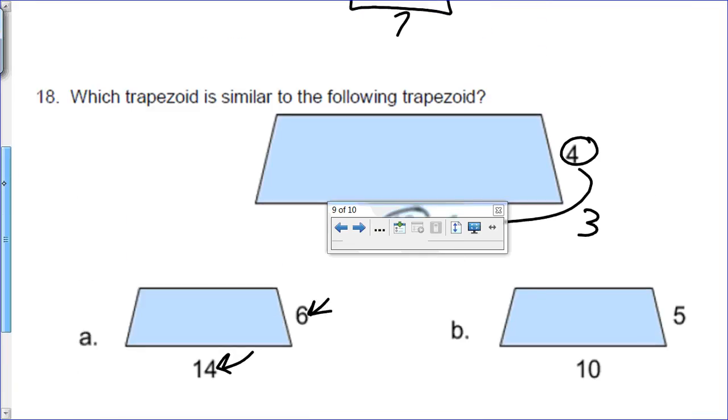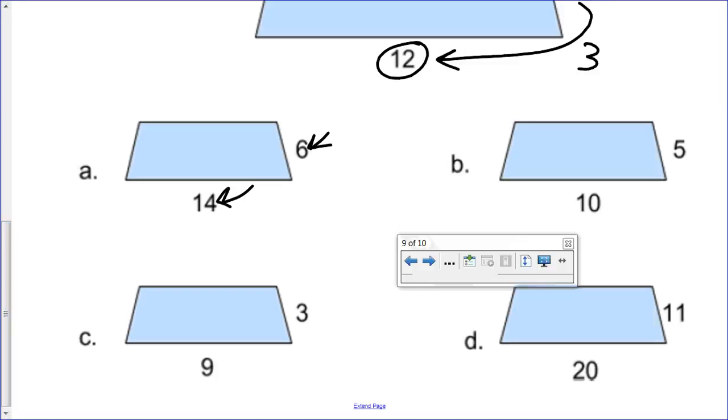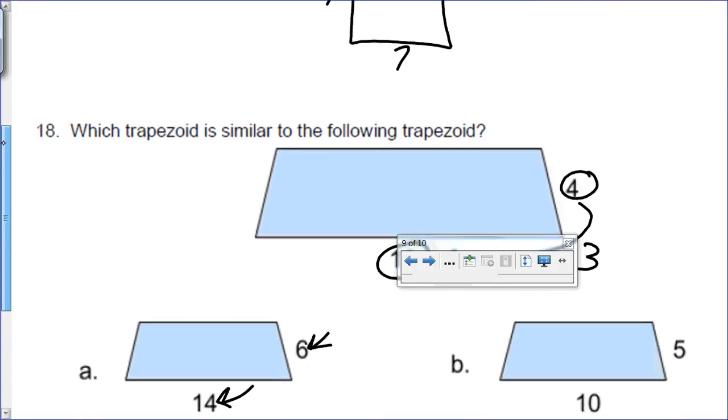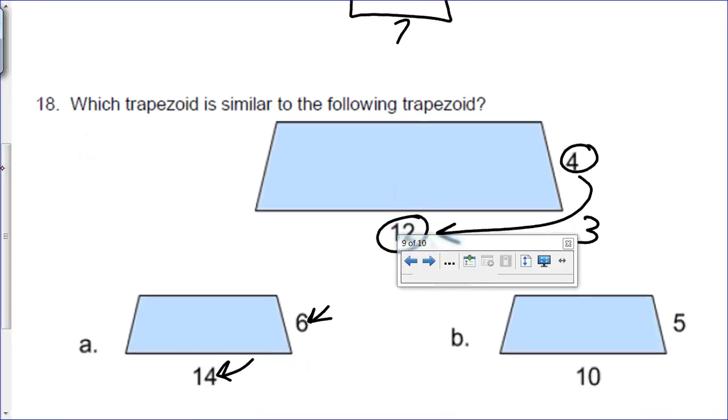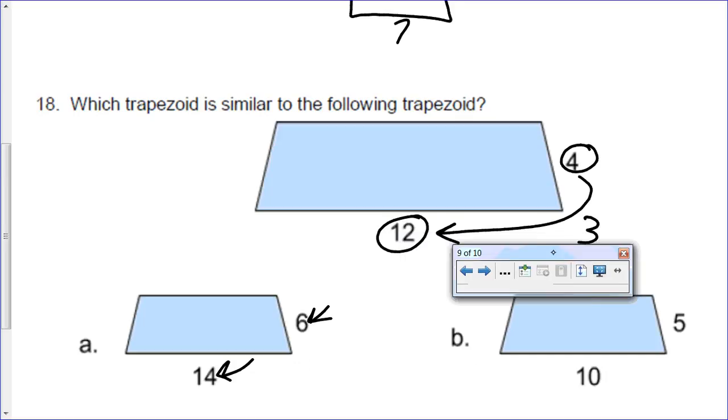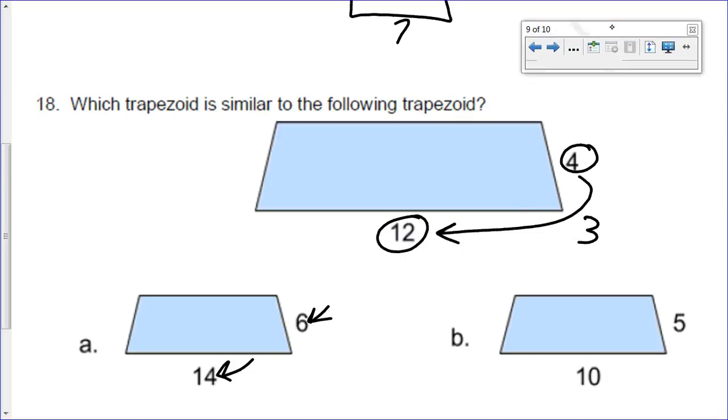When you're looking for things that are similar, which is very closely related to the word proportional, you're looking to take 2 numbers, at least 2, and multiply or divide them by some other number, just one number, and then that's going to spit out some other numbers. But it's got to be the same number.